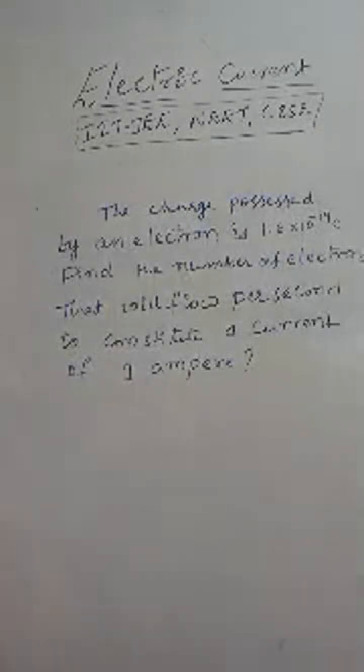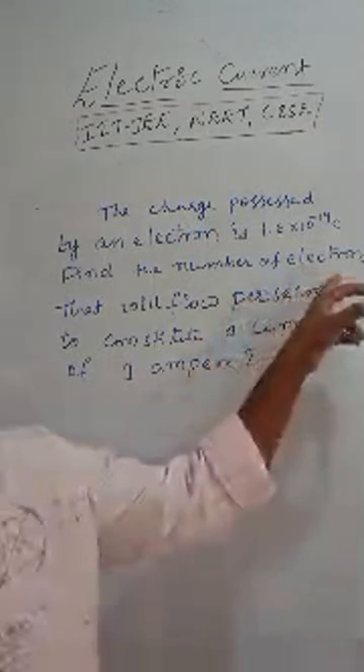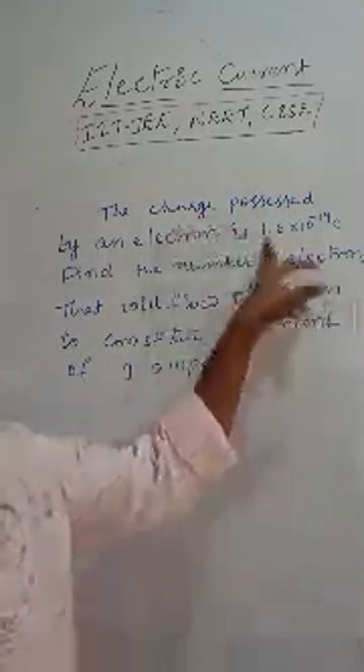Now if it is clear, just check once. One electron has charge 1.6 into 10 power minus 19 coulomb.